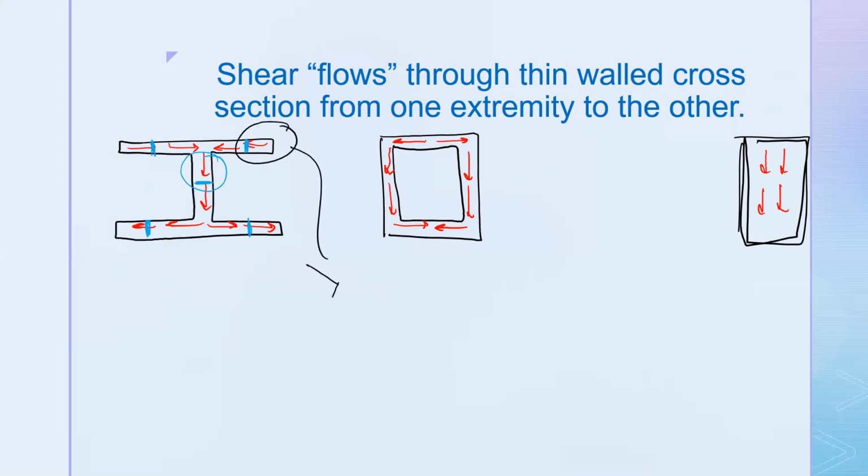So if I look here, we have our normal stresses like this, and the other direction like that. And in order for this to be in equilibrium, the shear stress component is now going to be on this face like this.